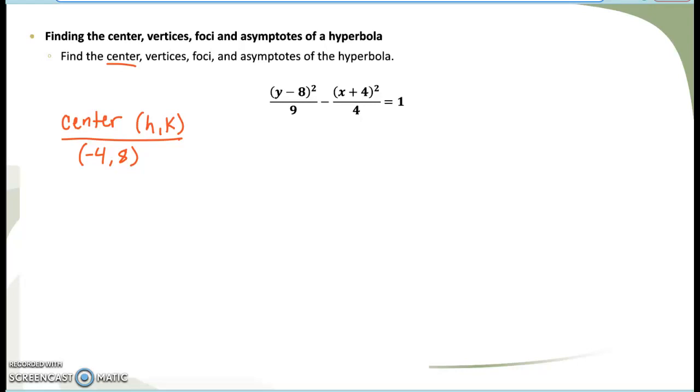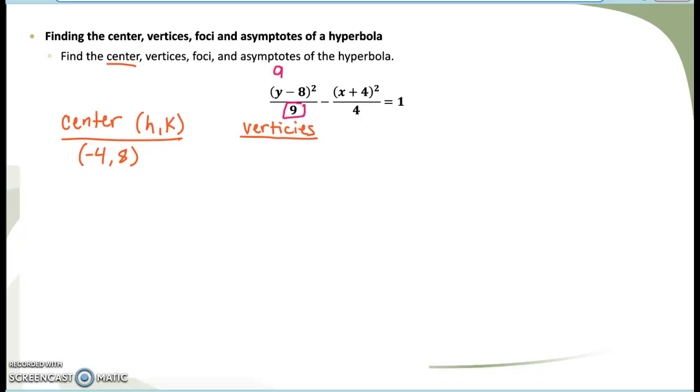Now, the vertices of my hyperbola are going to be dependent on a and b. We need to consider which one is a and which one is b. For a hyperbola, the denominator that belongs to the positive fraction, meaning it's not being subtracted, is our a squared.